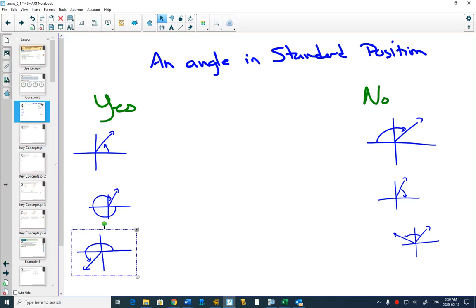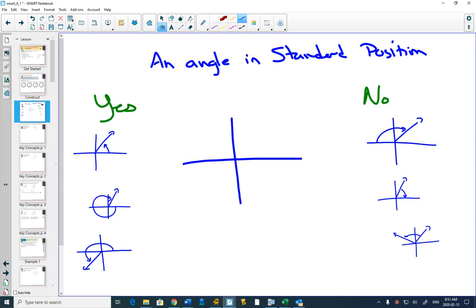Are we supposed to guess at it? Or do you think we have enough examples? Do you feel like you have an idea already? Okay. I'm just trying to think if I have any other ones that I could put. Okay, I'll give you one and you tell me what you think of it.